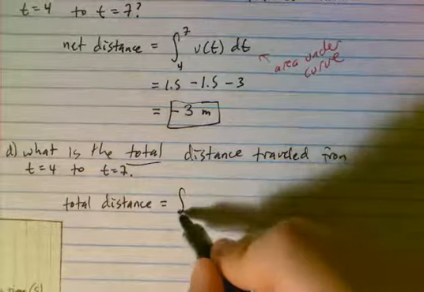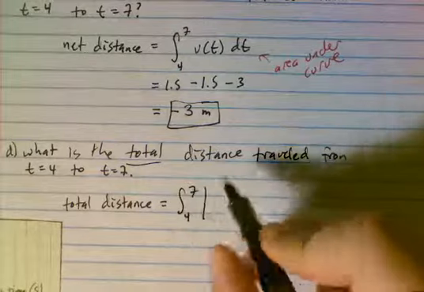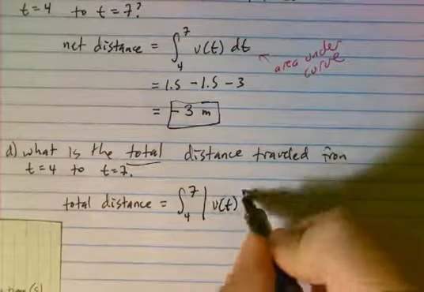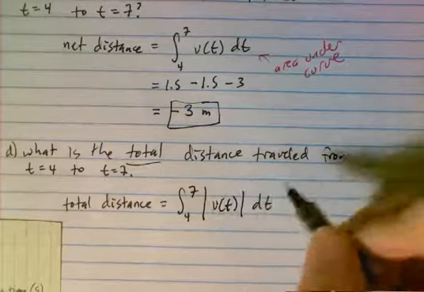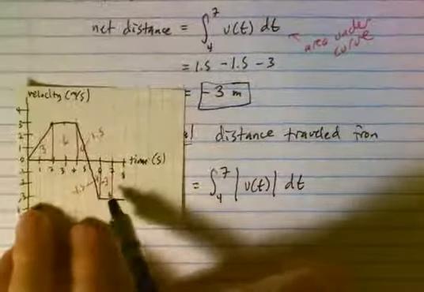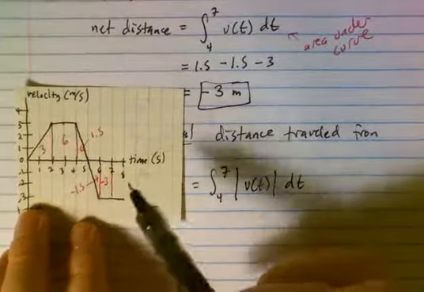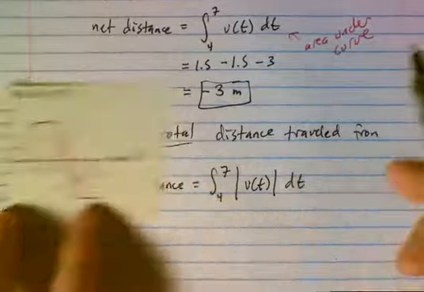So the total distance from 4 to 7 is the integral of the absolute value of v of t dt. And so that means instead of subtracting these negative areas, there is no negative area basically. We're just going to add what's down here.